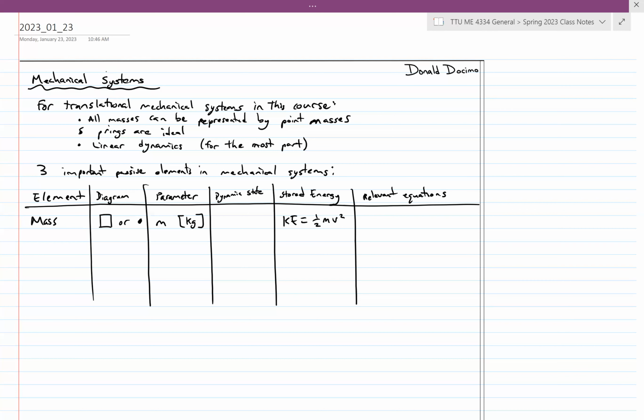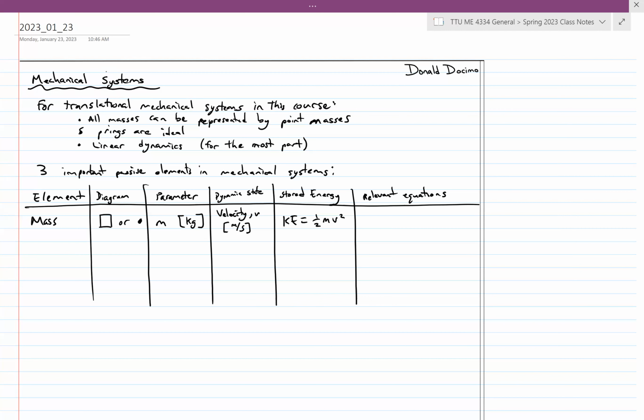Therefore, our dynamic state, the thing that's going to be associated with our dynamics, the thing that's going to have a derivative with respect to time in our equations for a mass, is the thing that's associated with that energy: the velocity, the thing that's going to be changing over time, assuming our mass is a fixed parameter. Velocity is our dynamic state, because it relates to stored energy in our system.